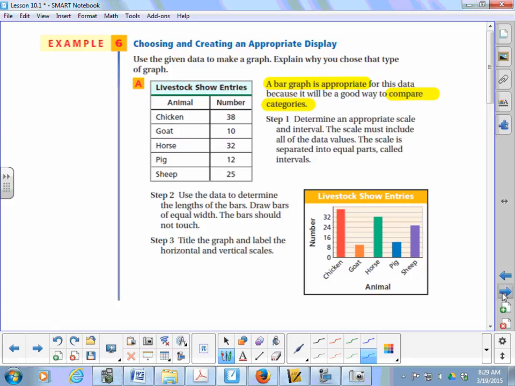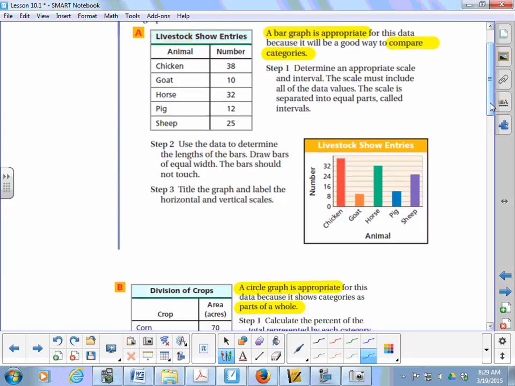Okay? Since we're comparing how many different entries there are for each of those categories, then we would make a bar graph for that. And so we would list the categories, chicken, goat, horse, pig, and sheep, make a vertical scale that would be appropriate, okay, and draw our bars above them. Okay, so if we're going to compare categories, we'll use a bar graph.